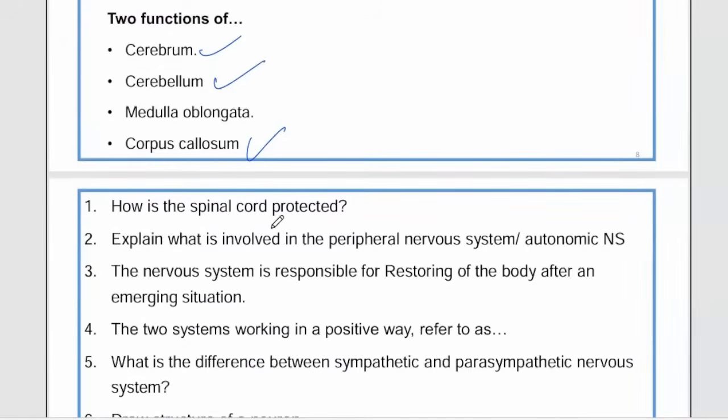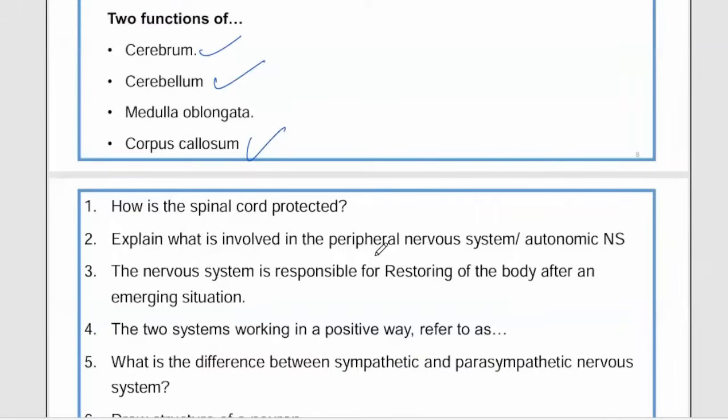Then we talked about how the spinal cord is protected. We said that it is protected by the cerebrospinal fluid, the vertebra, and also the membranes, which are the meninges.